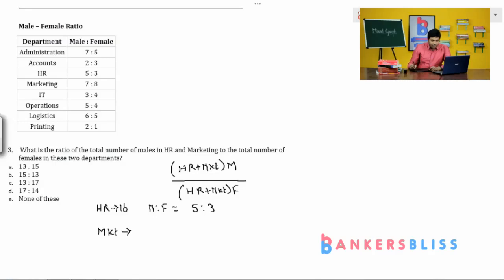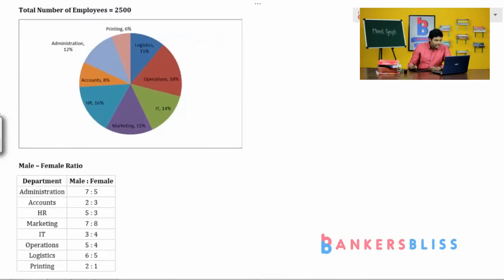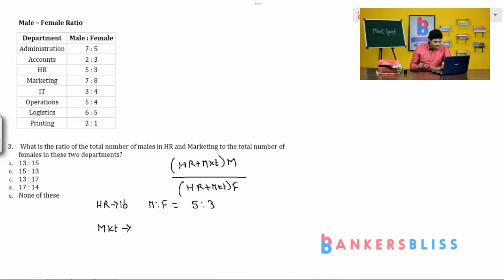Marketing forms 15%. The male to female ratio is 7:8. So now you have to calculate HR plus marketing males divided by HR plus marketing females.